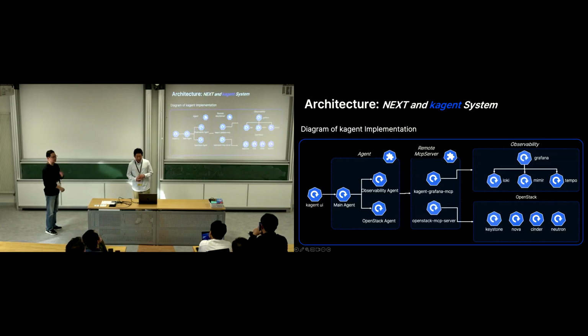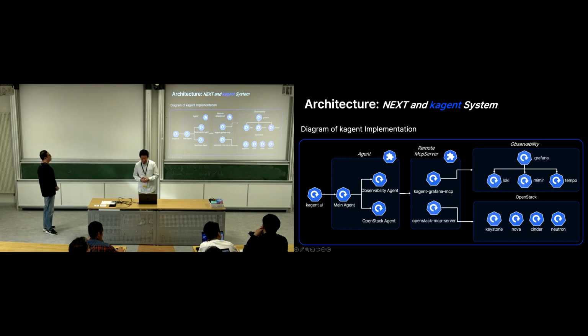Now let me explain how K-agent works internally through its system architecture. K-agent provides a UI interface which allows users to easily create or select an agent. And just like other LLM-based interfaces, users can send a prompt message to request specific operations or tasks.